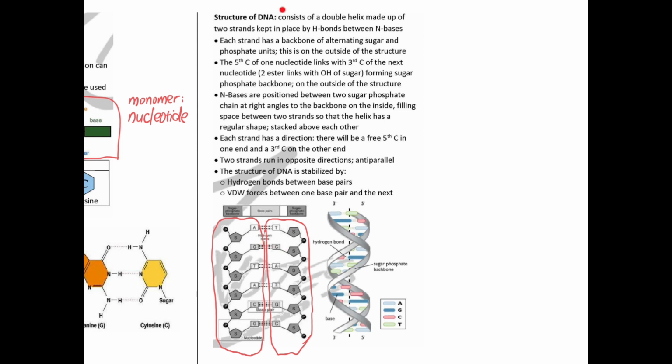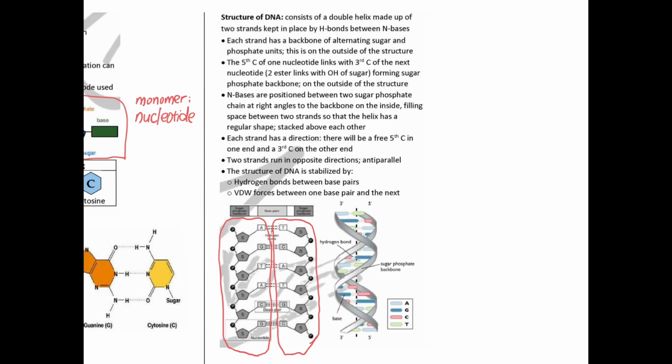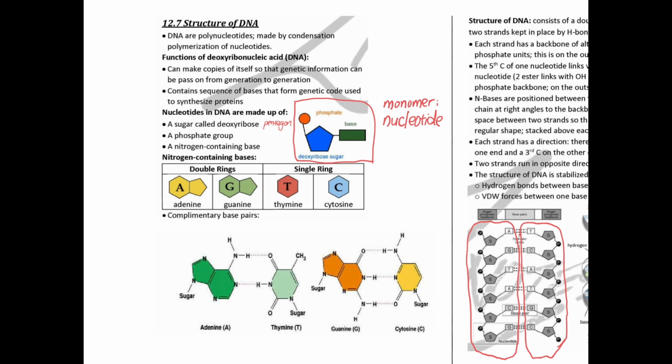Now let's see the words here. Structures of DNA consist of a double helix made up of 2 strands. 2 strands mean 2 polymers kept in place by hydrogen bonds between the nitrogen bases. So remember, the bases that we discussed just now are also called nitrogen bases.